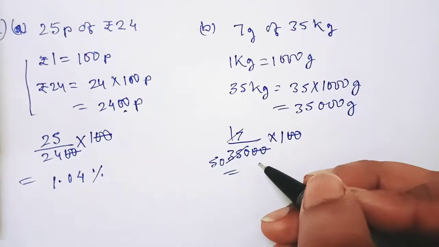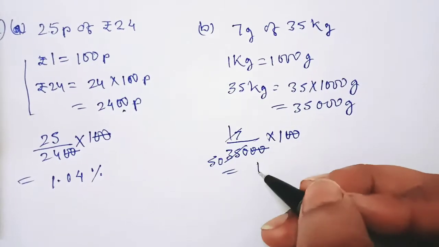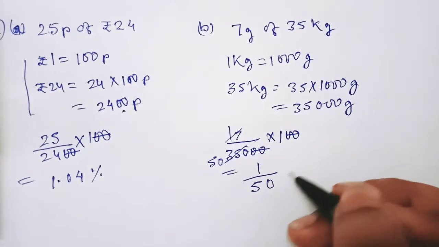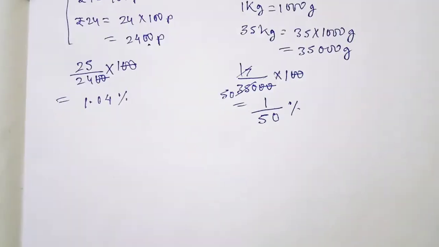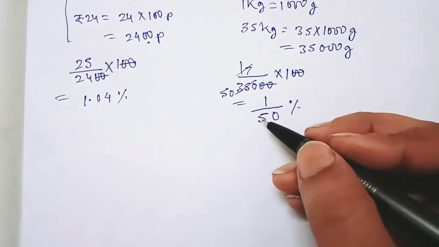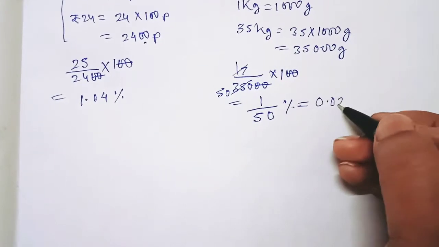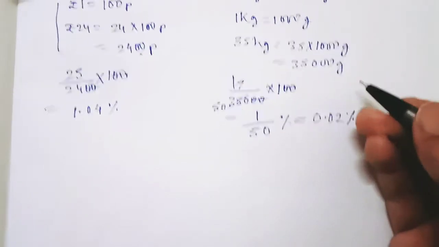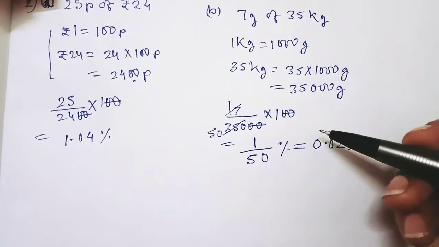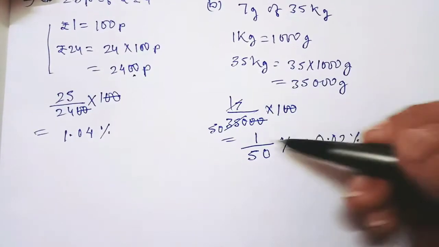So it is coming 1 by 50%. When we divide 1 by 50, it comes as 0.02%. Okay, understood?